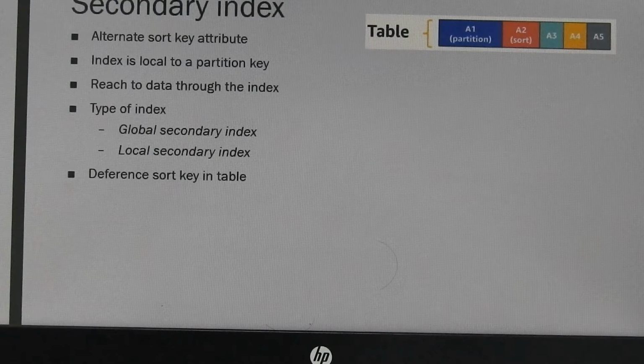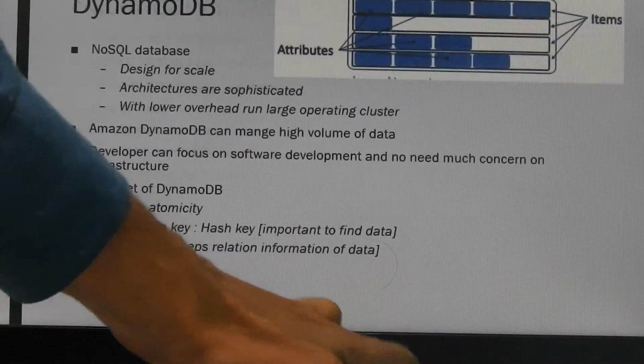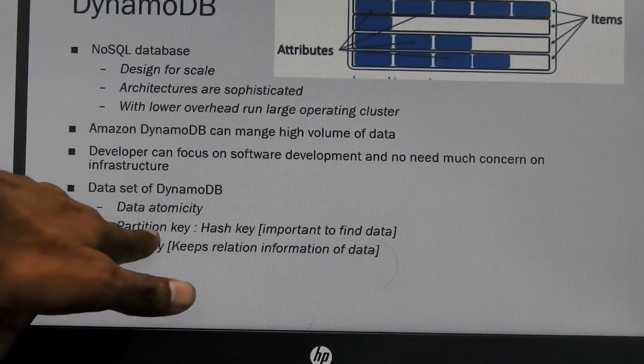The secondary index is an alternative key, and we are using the secondary index for sorting purposes. Indexes are local partial keys. It means you can use the indexes to find data, but it does not give a very big advantage, because in our previous case I mentioned the partial key.